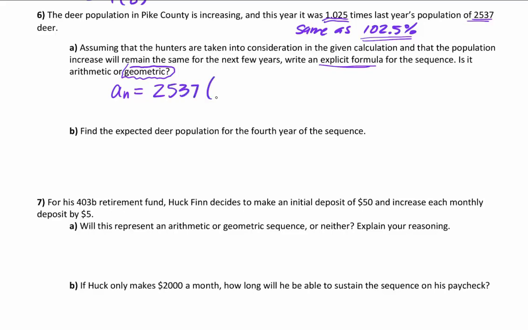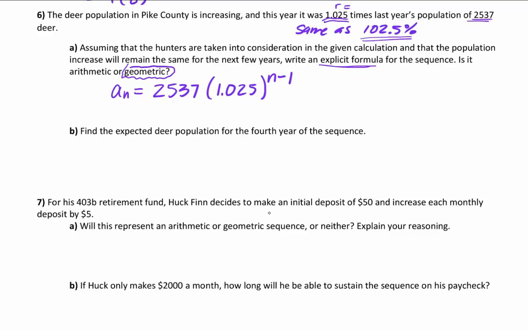We have the rate of growth, so R is equal to 1.025. We always want this to be the decimal value, not the percentage value. Very important. And then we have n minus 1.